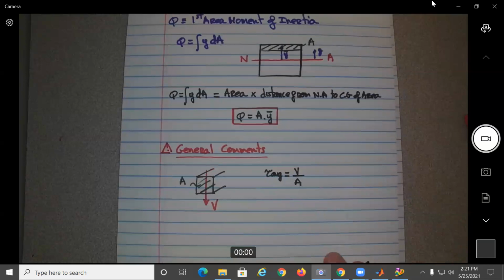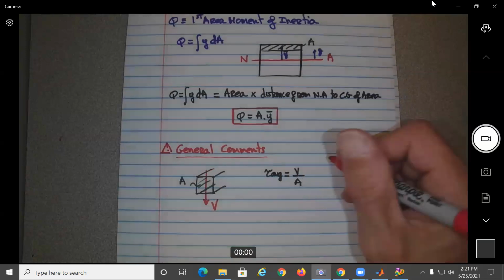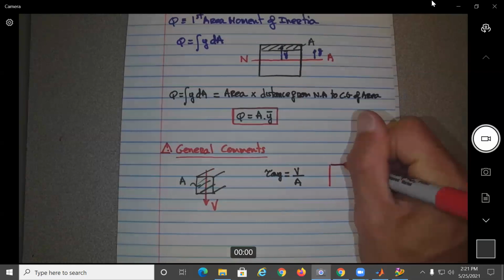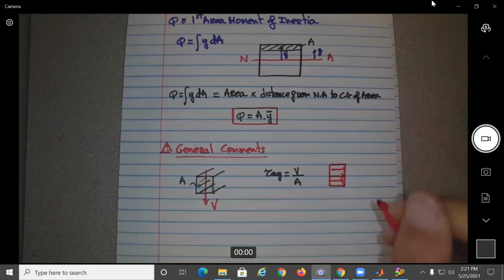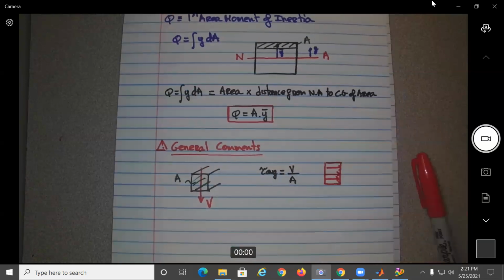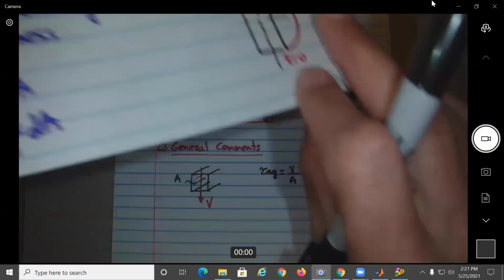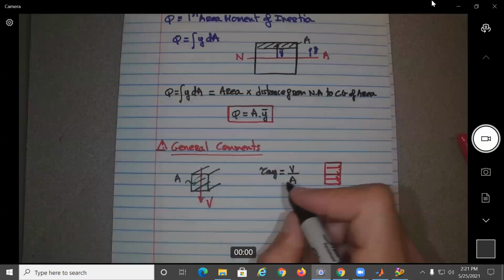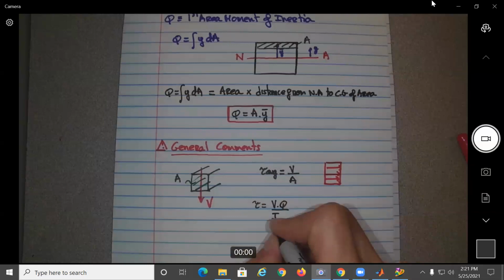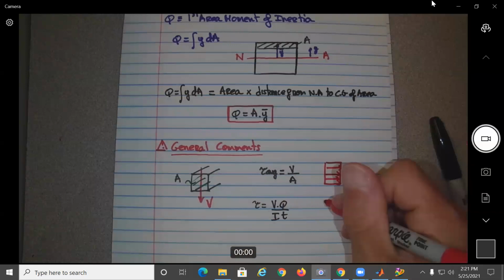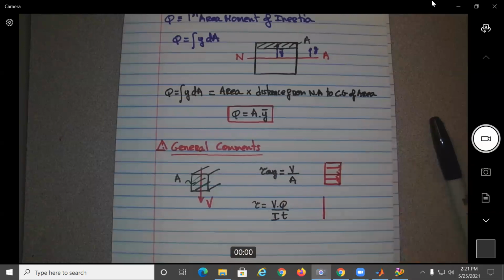Okay, now, if I needed to plot this shear distribution throughout this cross section, it will probably look something like this. Everything is constant. However, if we use this equation here, tau equal VQ divided by IT, what you actually get is something like this.